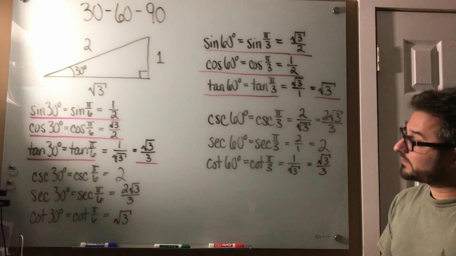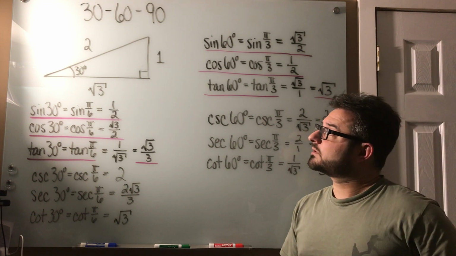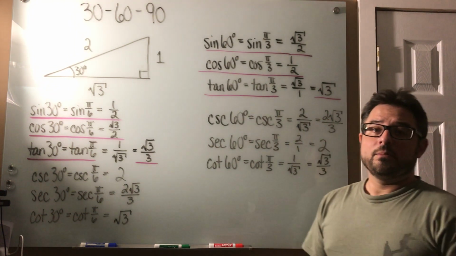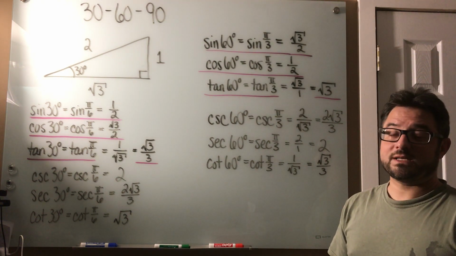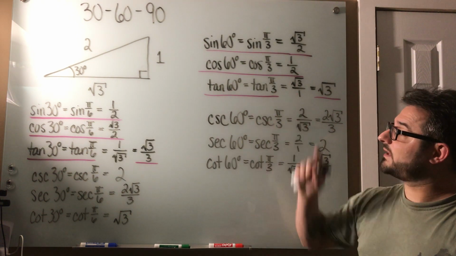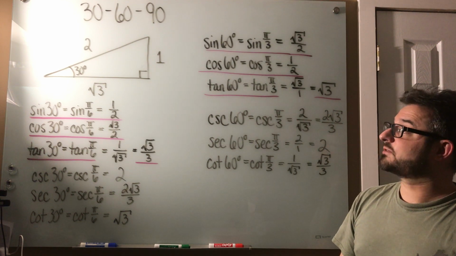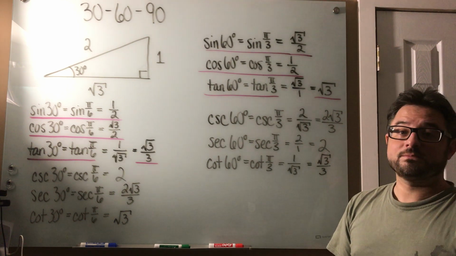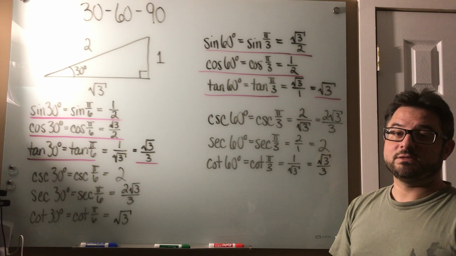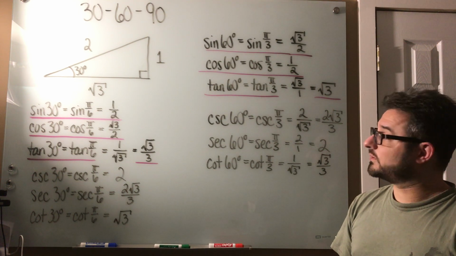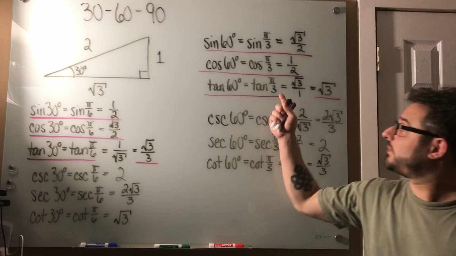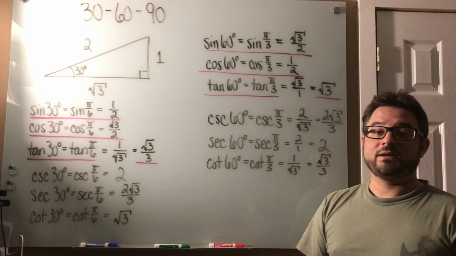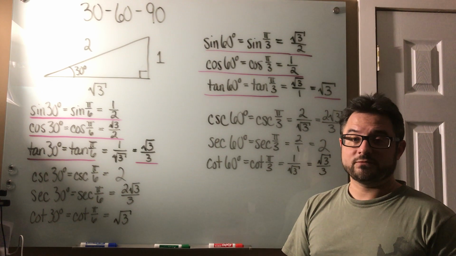Now, there are a lot of other angles out there, and eventually we will learn how to work with them. But for now, we've got 3 very, very common angles that show up, and we've got the values of the trigonometric functions for those angles. 30 degrees, 60 degrees, and 45 degrees, or in radians, pi over 6 radians, pi over 3 radians, and for 45 degrees, pi over 4 radians.